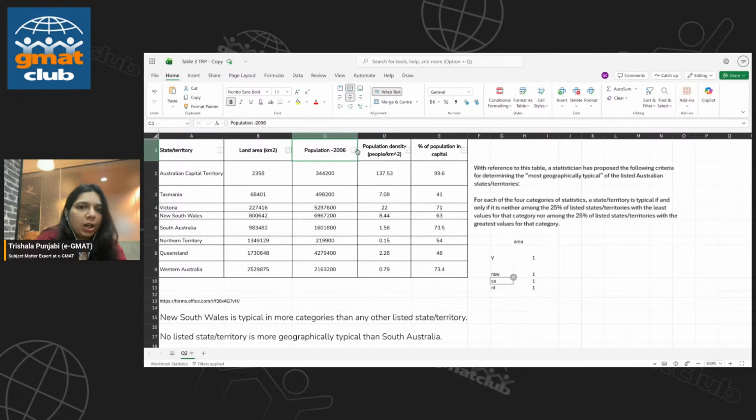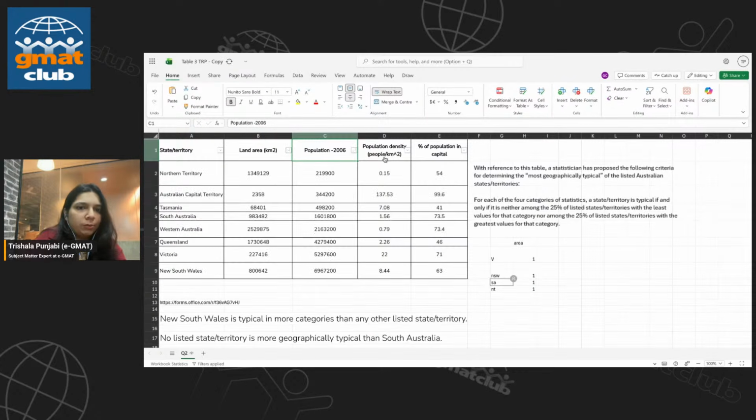Now if we are sorting based on the population, we are not supposed to take the top two, Northern Territory and Australian Capital, and not the bottom two, Victoria and New South Wales. So these middle four are the typical ones. We have Tasmania, one. South Australia, we already had before, so this becomes two. Western Australia is a new one, so it is one.